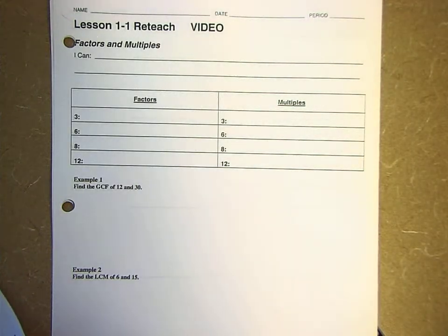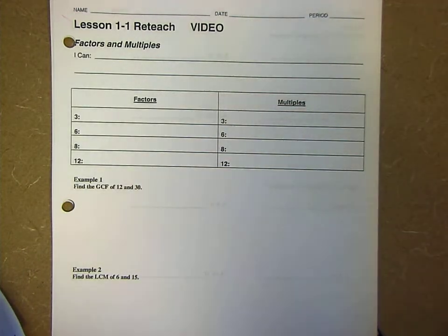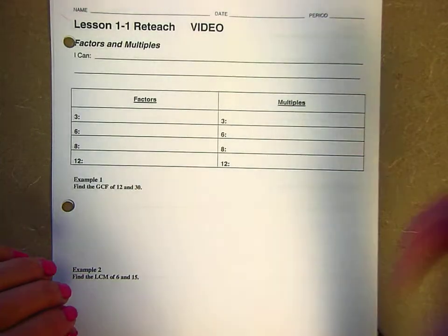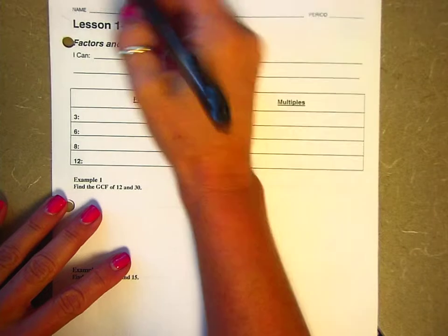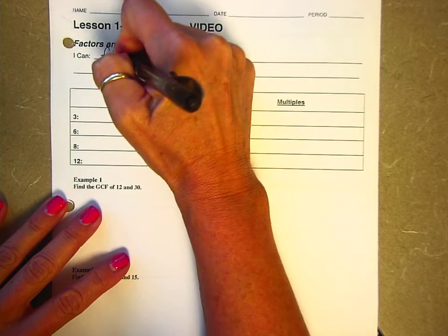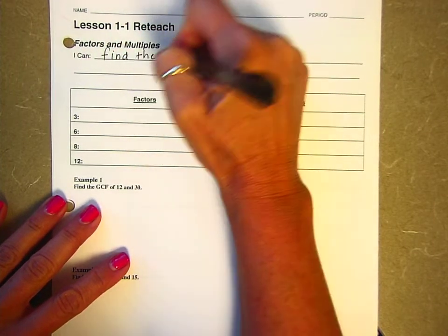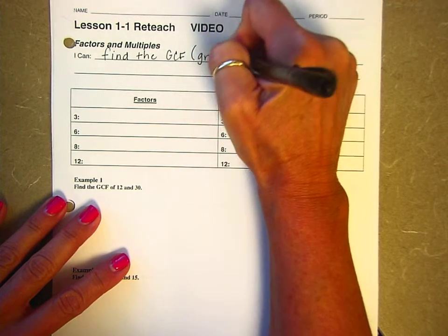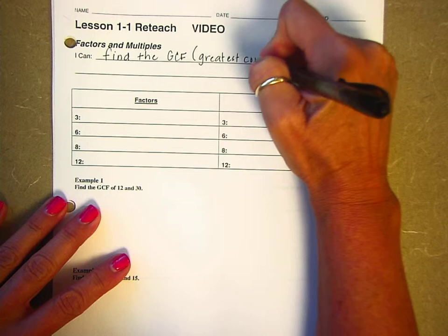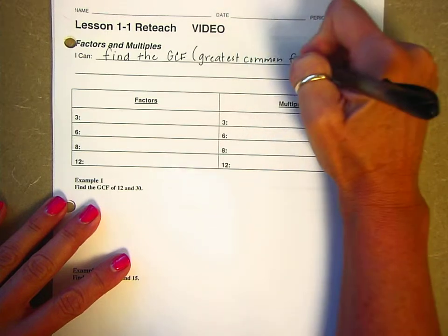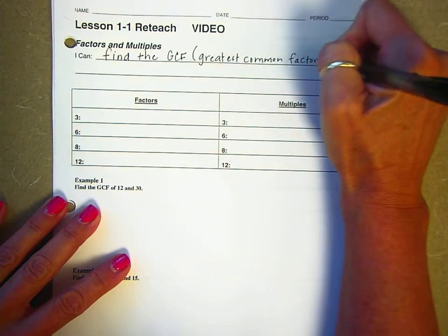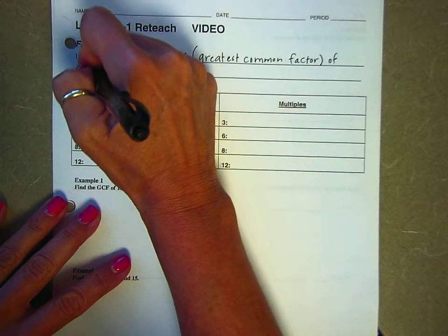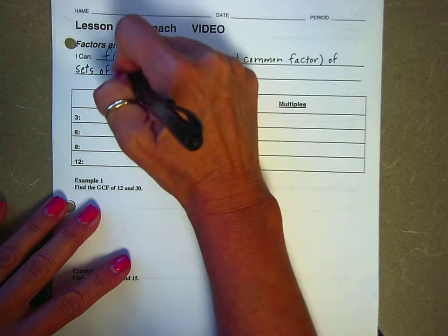Okay, sixth grade students, we are going to work today on lesson 1-1, factors and multiples. Our I can statement is I can find the GCF or greatest common factor of sets of numbers.